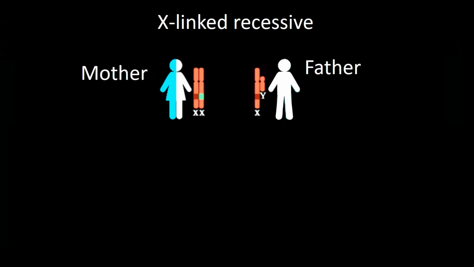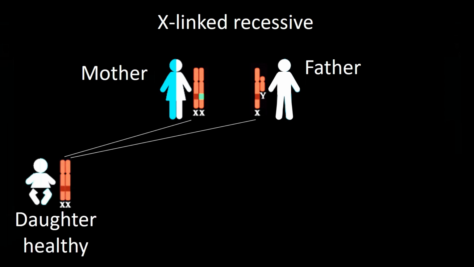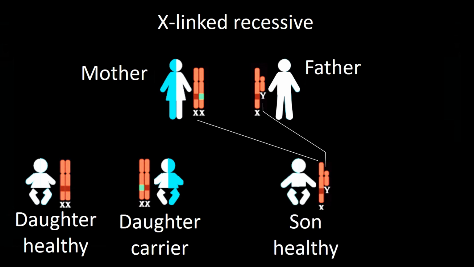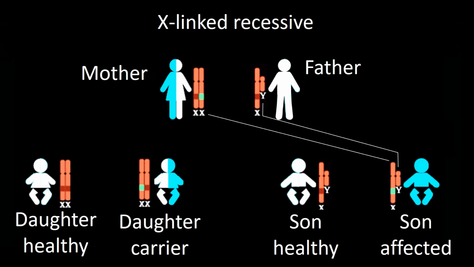Fabry is inherited as an X-linked recessive disease. If mother has the gene but not the father, the odds are that if she has two daughters, one daughter will not be affected and the other one will be a carrier. If in addition she has two sons, the preconception odds are that one will be healthy and the second one affected, or vice versa.